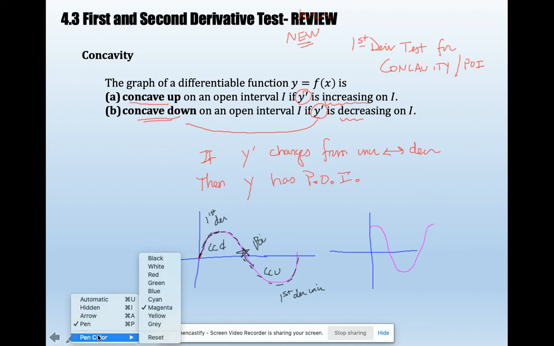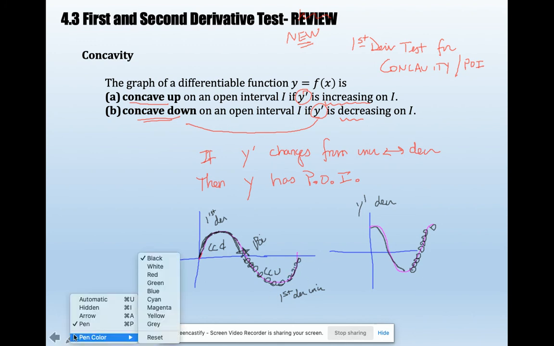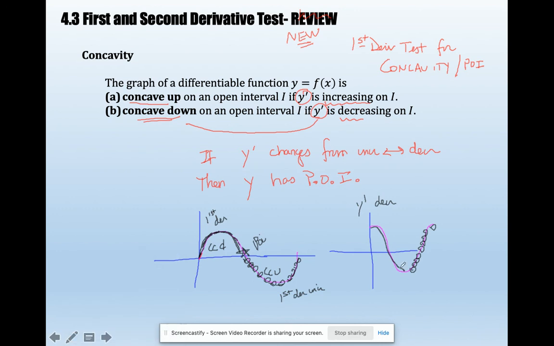Where the first derivative is decreasing, the original is concave down. Where the derivative is increasing, the original is concave up. Where the first derivative changes from decreasing to increasing, or vice versa, the original would have a POI.